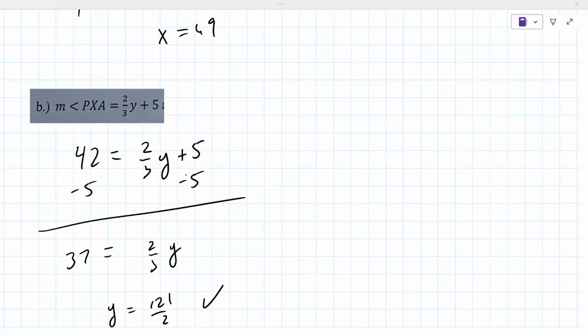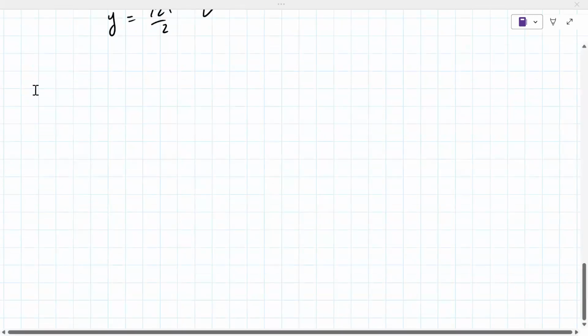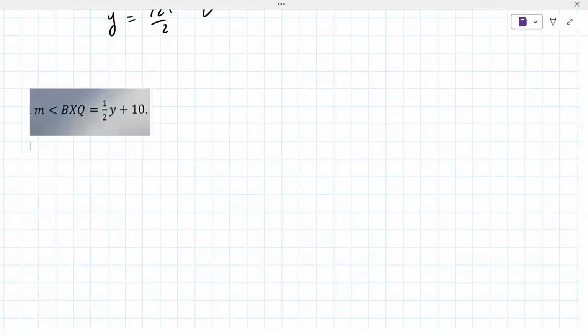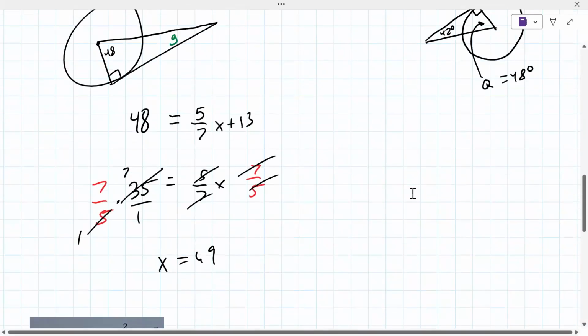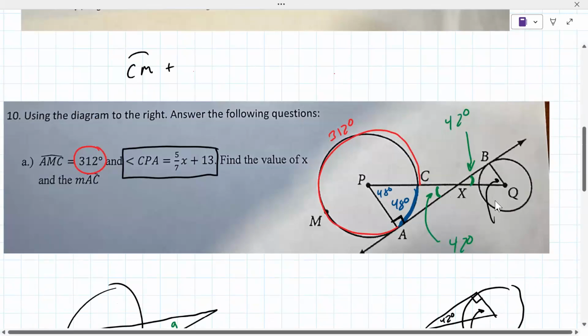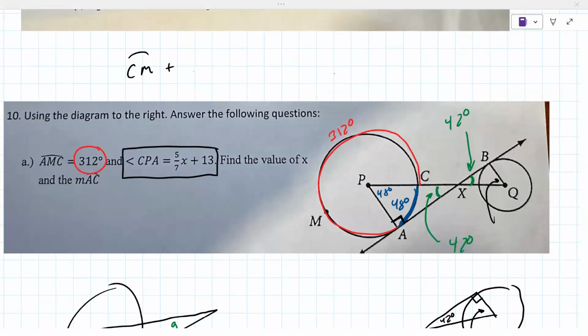Then for the next one, you'll have to look at that drawing again. BXQ. That's over in this triangle on the right. What is the angle measure there? 48.